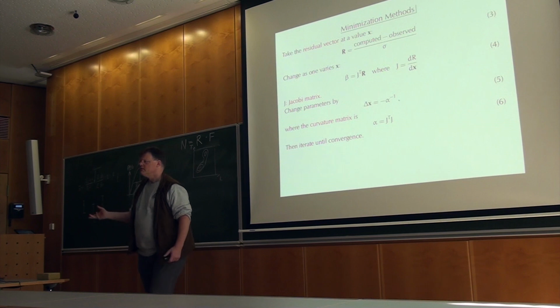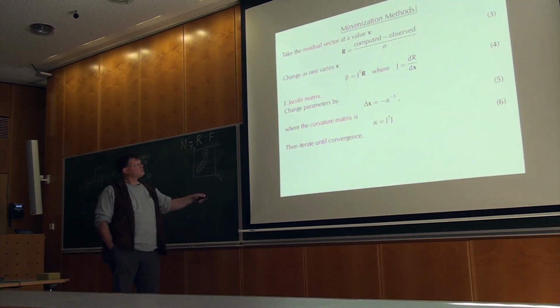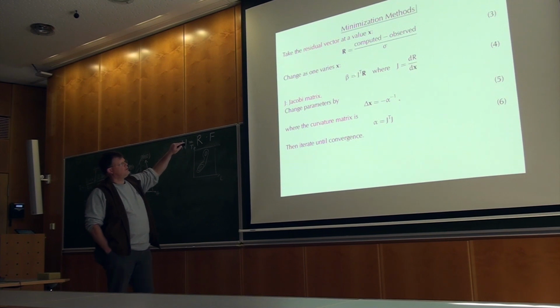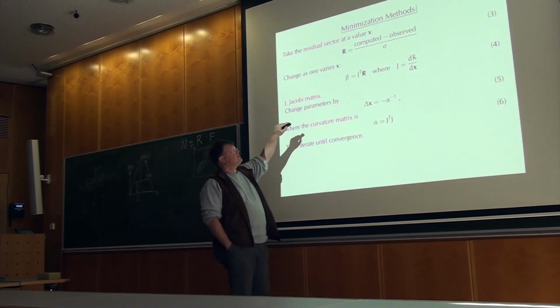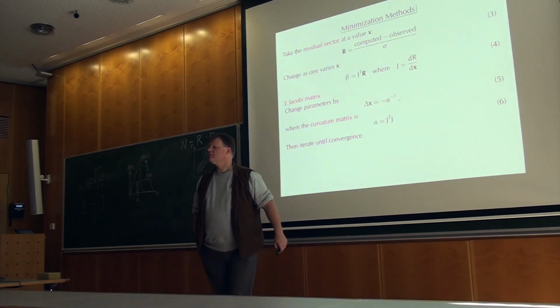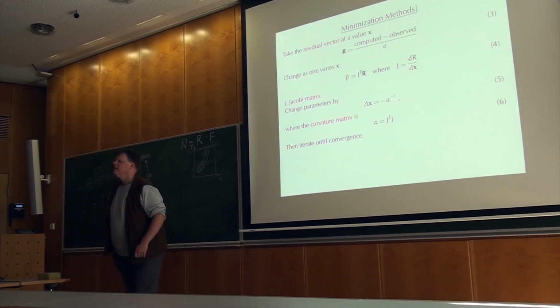Okay? So mathematically, what do you do, therefore? You calculate a gradient vector, just take the value and then you use the Jacobian matrix, which is just the derivative of the residual with respect to your parameters. We have at least one mathematician here in the room who will not like that notation.